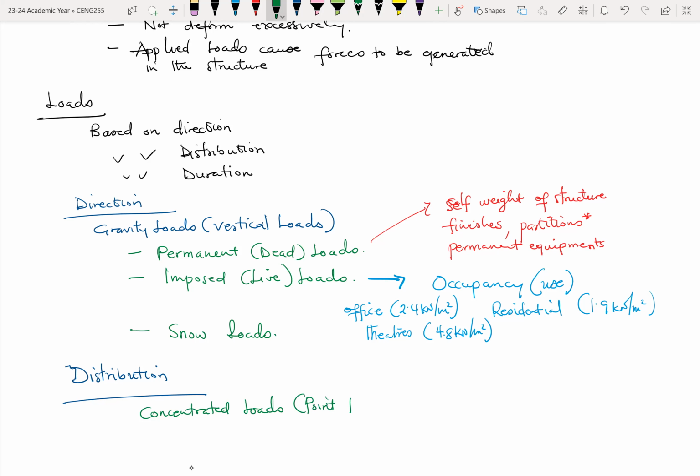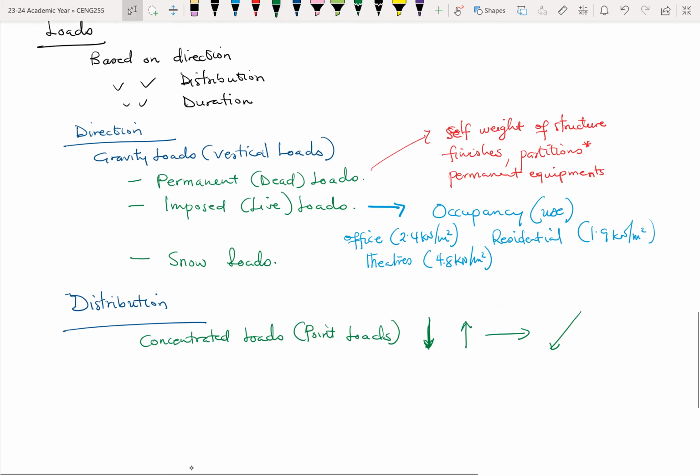Right. In reality, we do not have point loads. We usually represent point loads by this arrow. It could be up or down, it could be left or right, it could be slanting, it could be in a direction, but usually that is how we represent point loads. But in reality, we don't have point loads as a point, right? Hardly is there any load acting as a point.